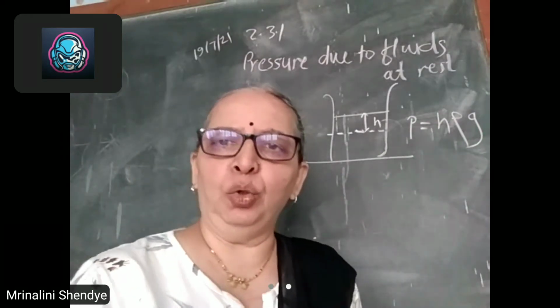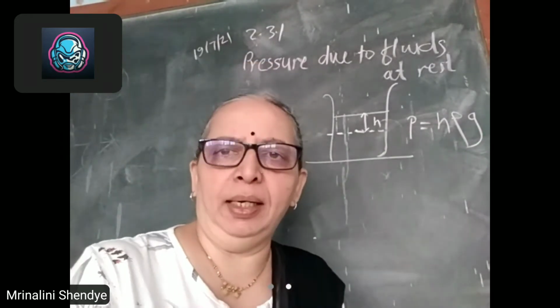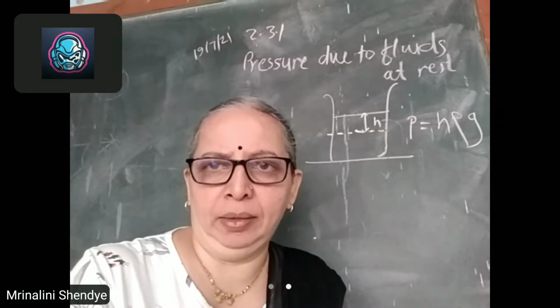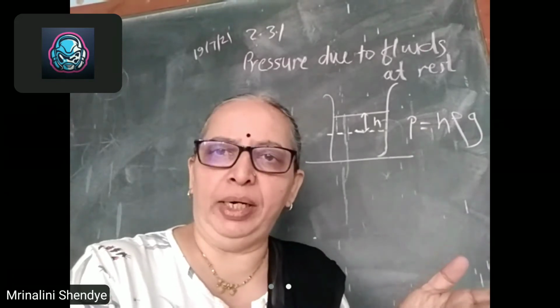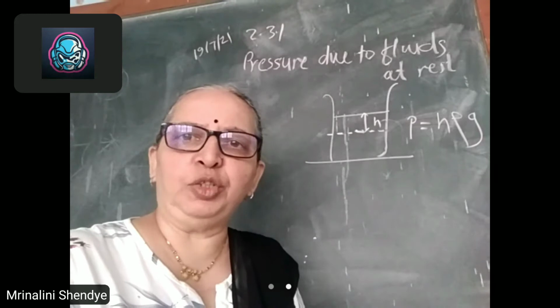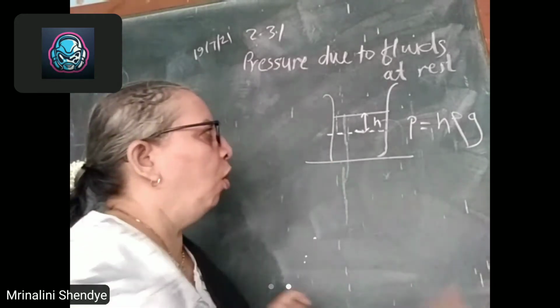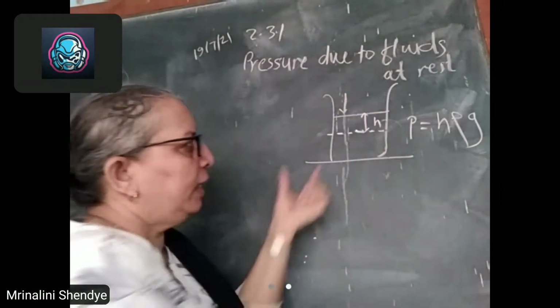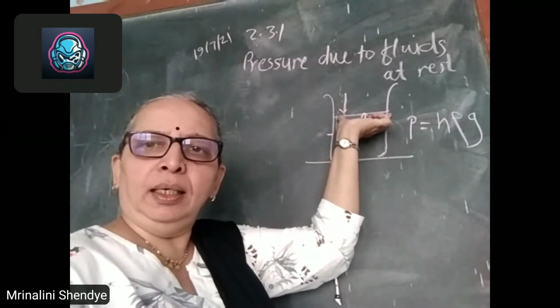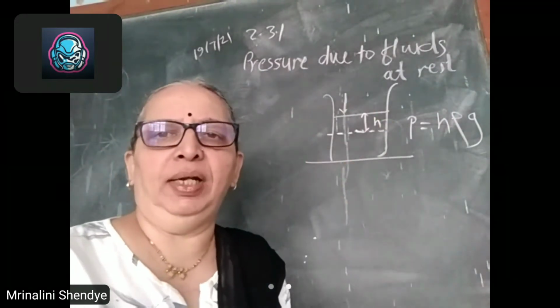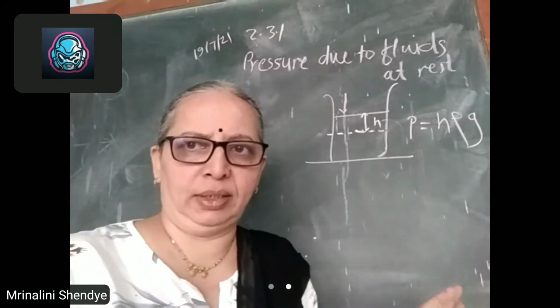But you know the atmosphere air is present, so air is also fluid. So Earth's atmosphere at the same time also exerts pressure at the free surface, and at the free surface it is always constant.